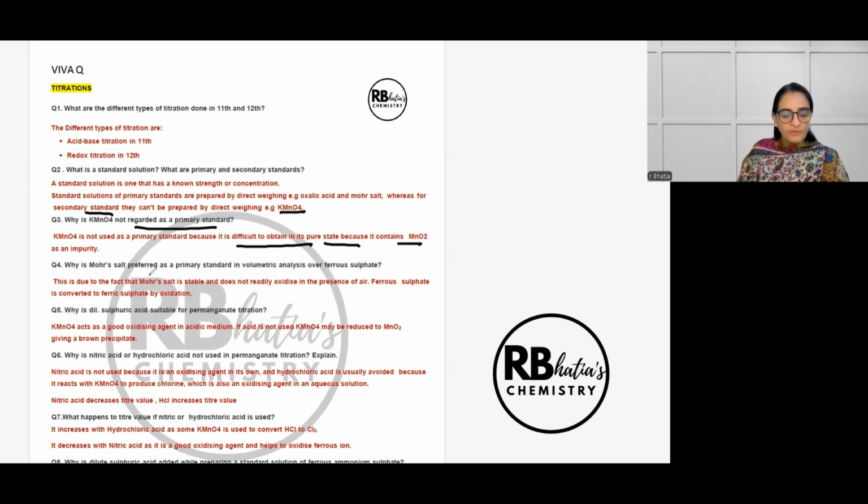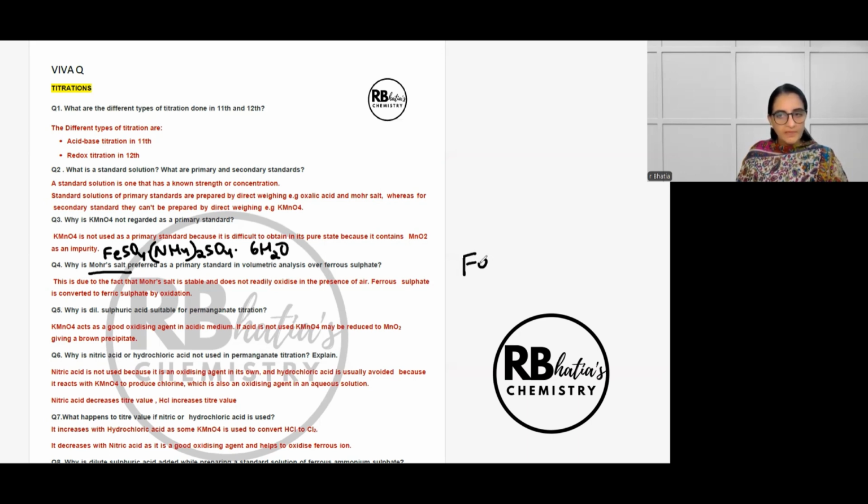Why is Mohr salt preferred as a primary standard in volumetric analysis over ferrous sulfate? Very important. Mohr salt is ferrous sulfate dot ammonium sulfate dot 6H2O, and the active component in Mohr salt is basically ferrous. It is ferrous that changes to ferric.